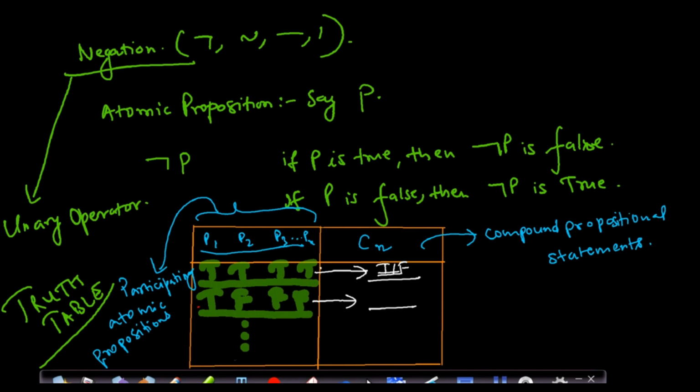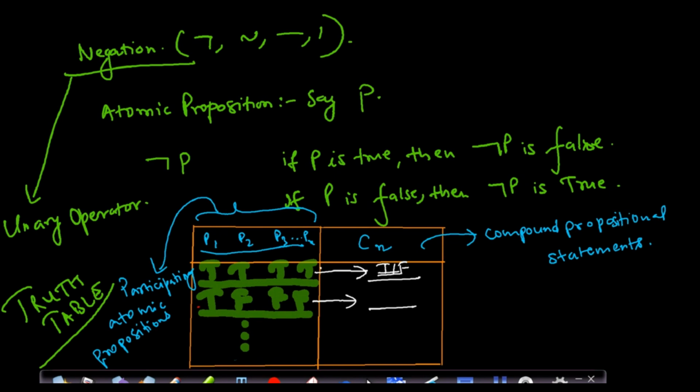It can be true or it can be false. We will see that if these statements are combined using the logical operator conjunction, then the compound statement is true only when all of the participating statements are true. We will see that when the time comes.